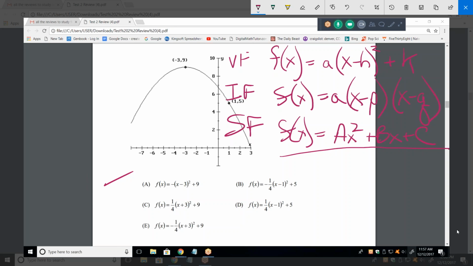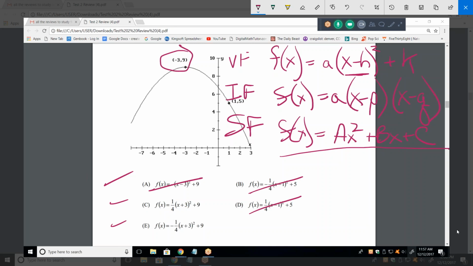Correct. But is it correct for this point? Well, they've given us the vertex. What does it need to be? Does it need to be x minus 3 or x plus 3? X plus 3. So that one's not any good. Those certainly aren't any good. So it's down to one of those two.